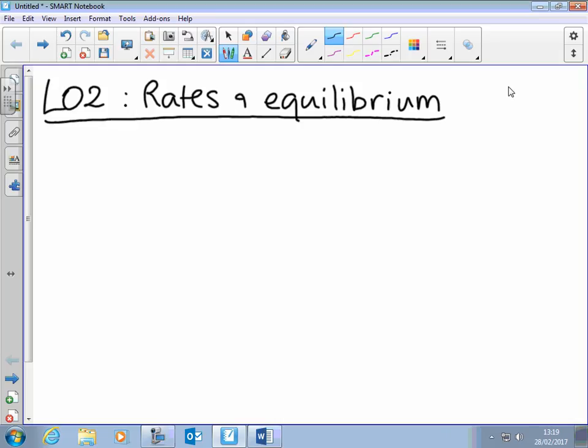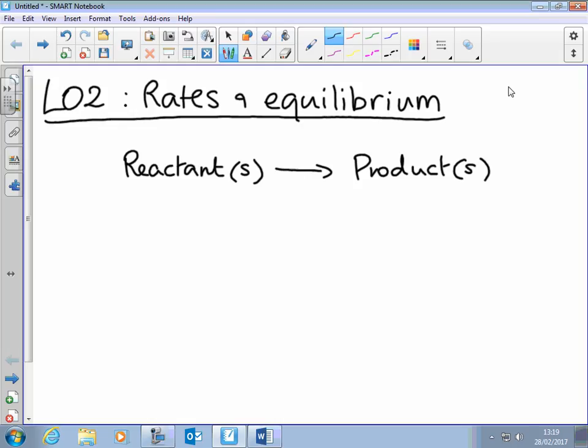Okay, rate of reaction then. Just as a starting point, what is a reaction? Well, we start with our reactant or reactants, and we end up with our product or products. With equilibrium, we'll be looking at the idea of a reaction being reversible.